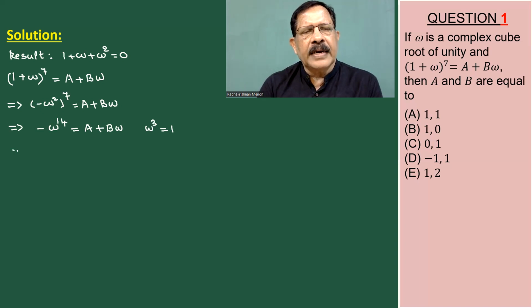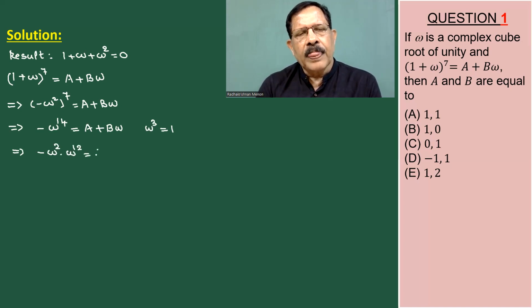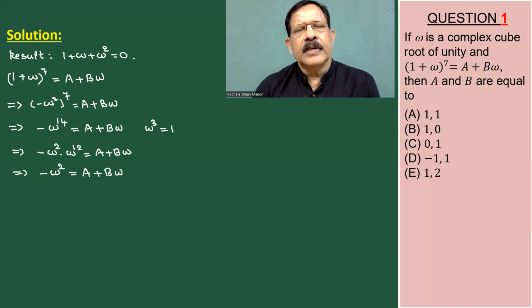So this we can write as minus omega squared into omega raised to 12 equal to a plus b omega. Of course omega raised to 12 is 1, which implies minus omega squared is equal to a plus b omega. Let us call this equation 1.